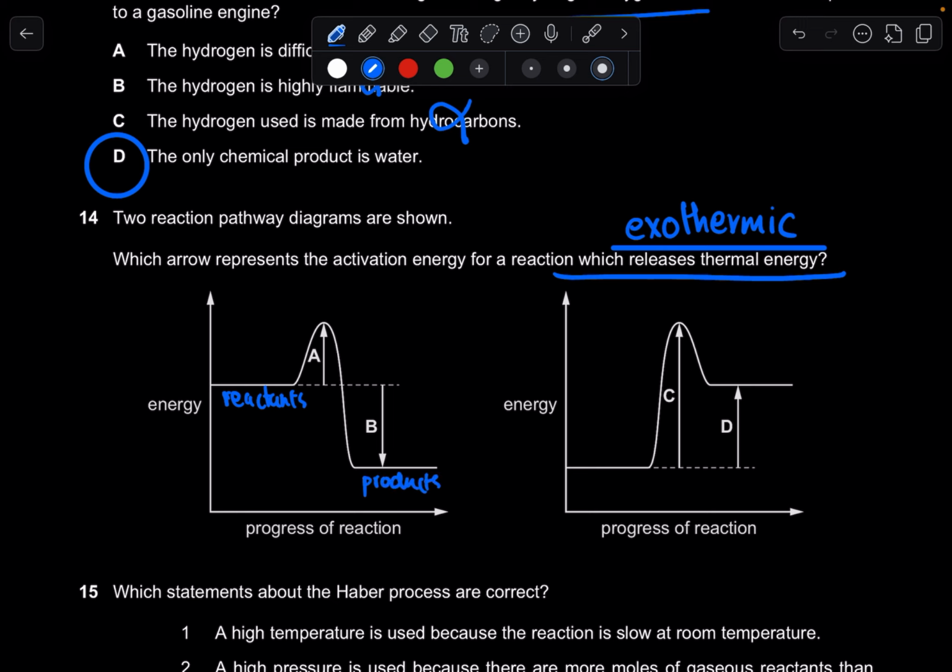So the activation energy is going to be this, A. Why A? Because it's always from the reactants to the peak. This pathway is for endothermic reactions, and if it was endothermic, then the activation energy would be C, but this is not the correct answer since it's A.